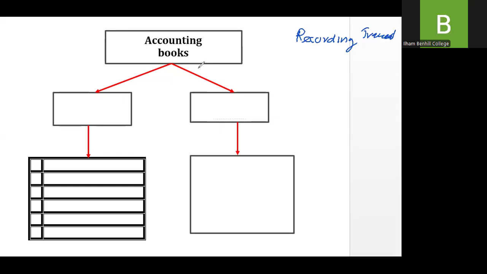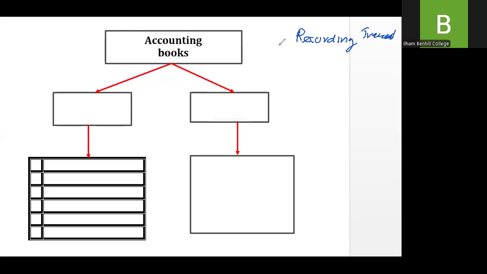Source documents are used to record transactions when they happen, or to collect transactions, to gather the transactions, to record in accounting books. So we record transactions in accounting books from source documents.